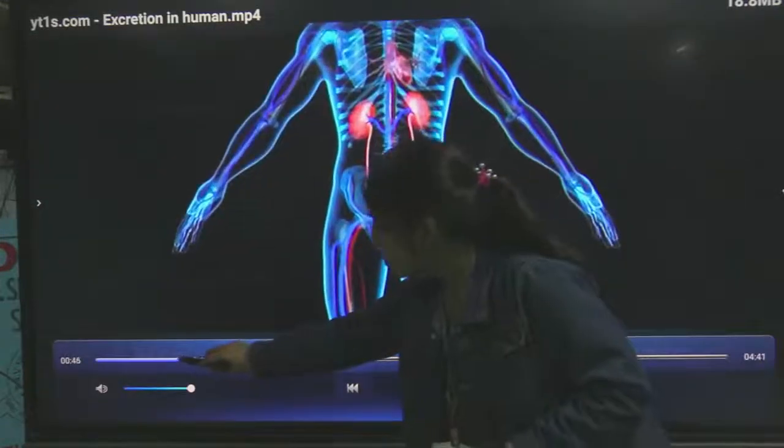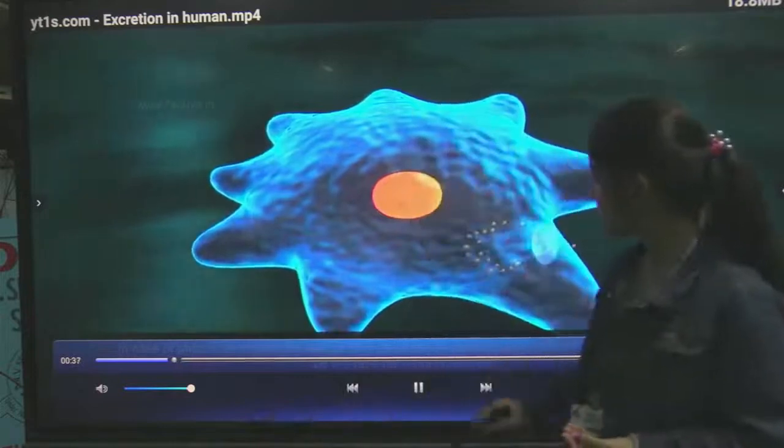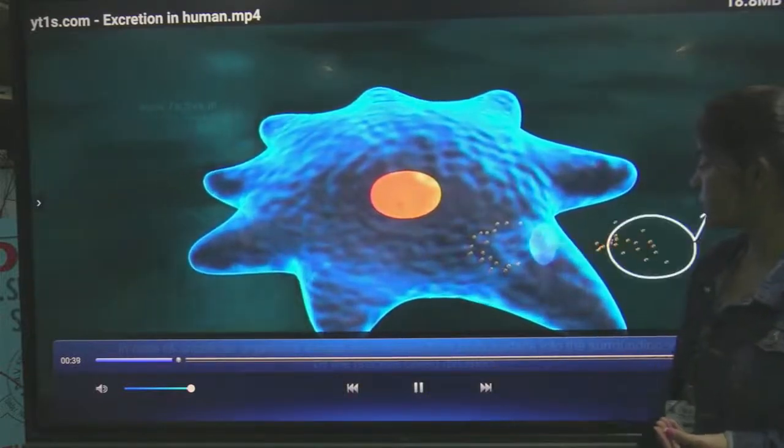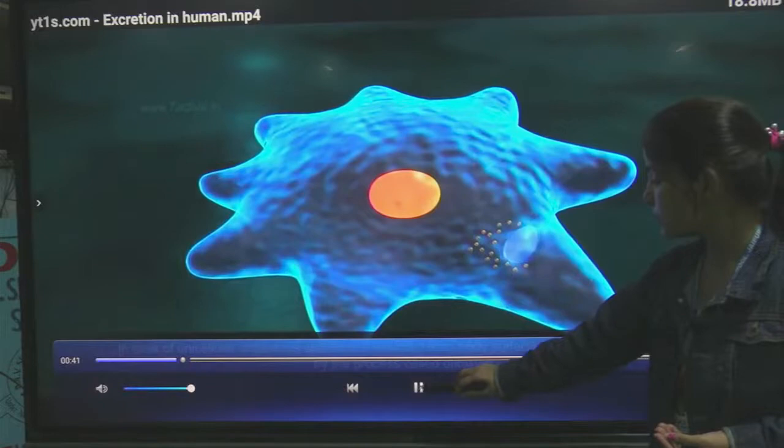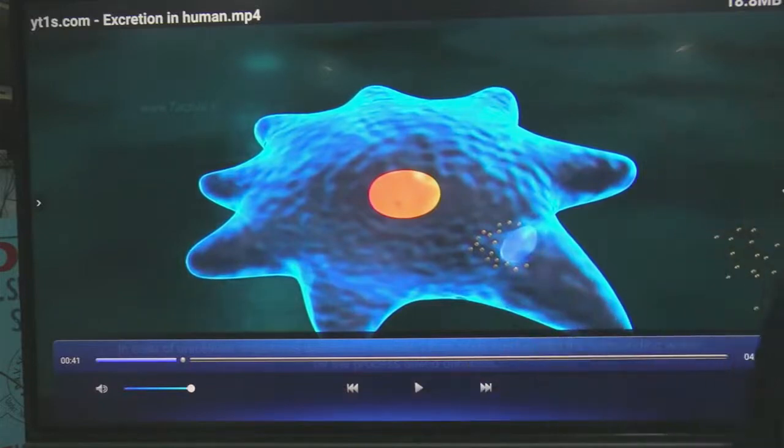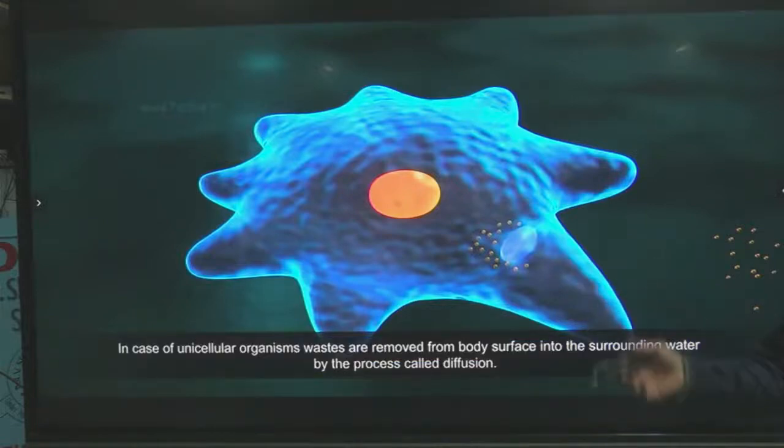So basically unicellular organisms have no other organs. ठीक है. So their waste material can be removed by their body surface with the help of a process that is called diffusion. You know what is diffusion? Tell me.